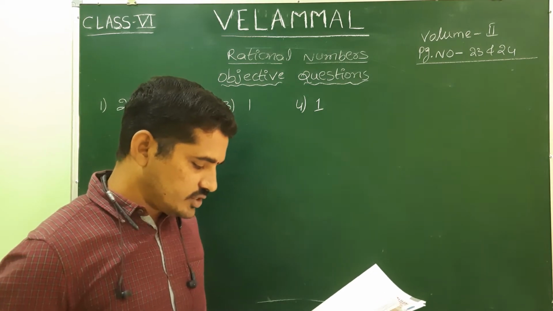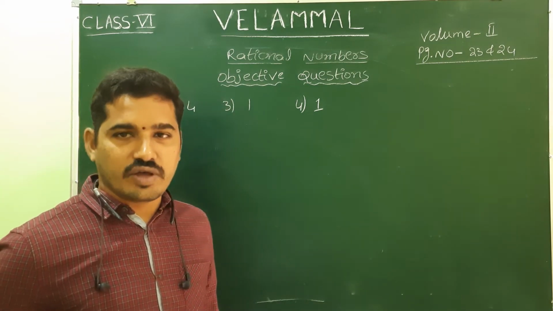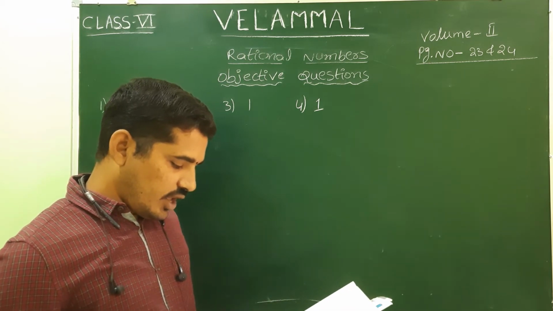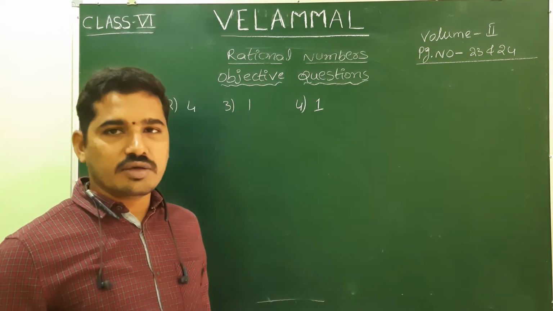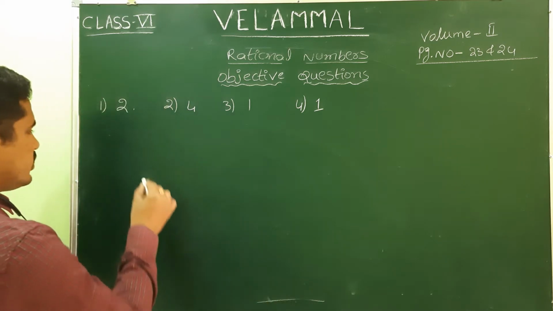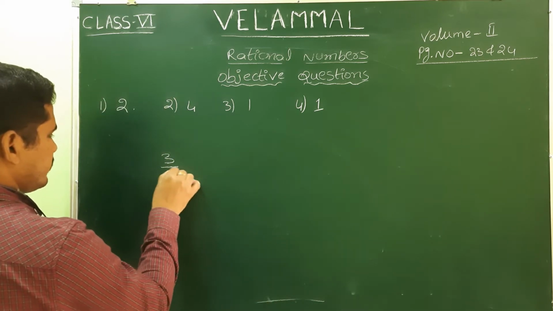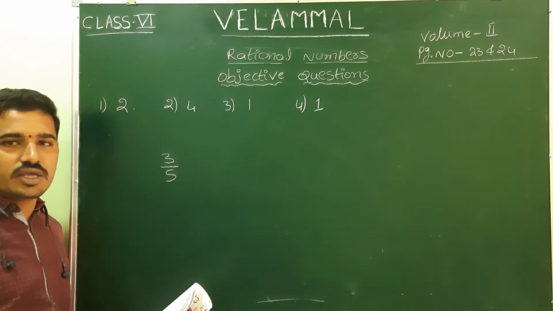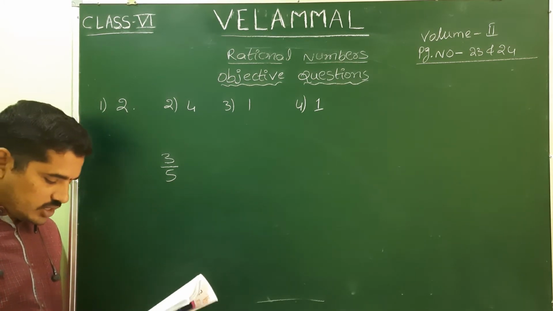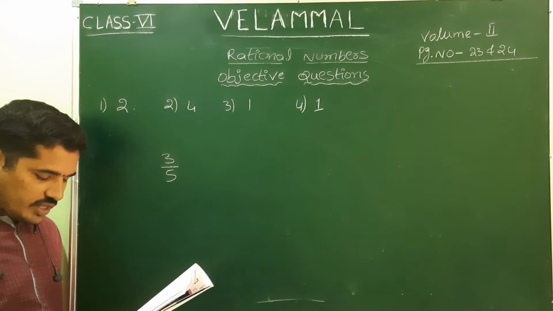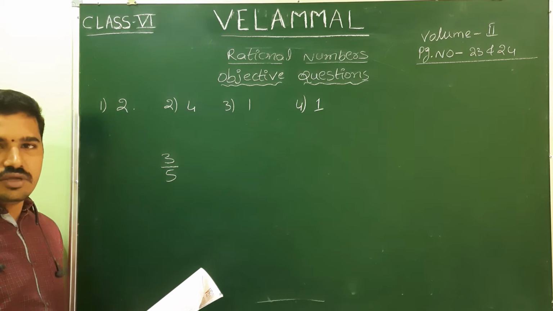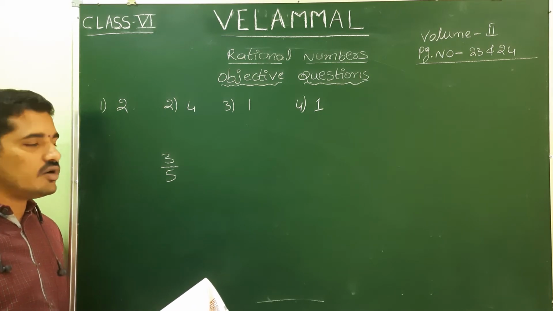Next, fifth question. Which of the following is false? The false statement we need to find out. Every fraction is a rational number. For example, take 3 by 5. It is a fraction, and it can also be called a rational number. It is true. But every rational number need not be a fraction.